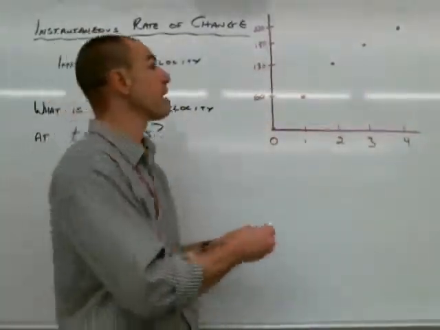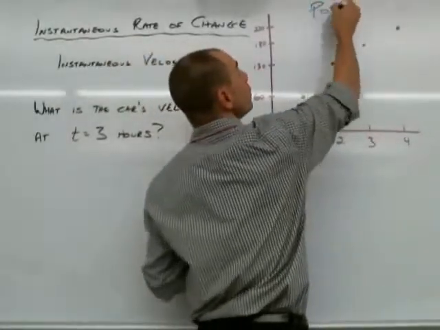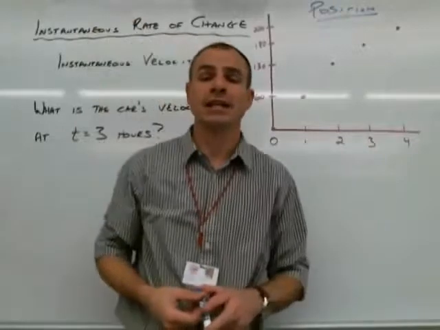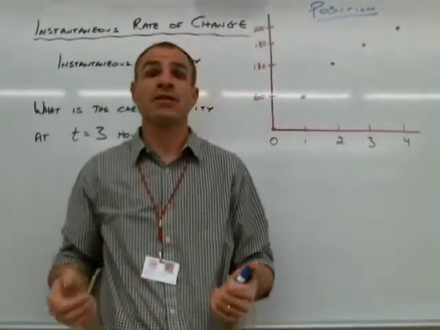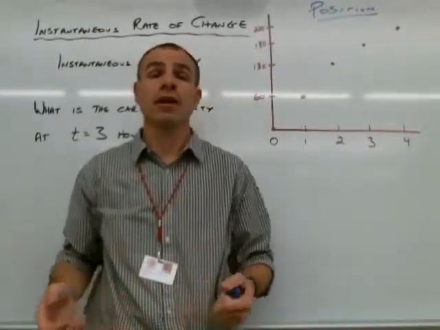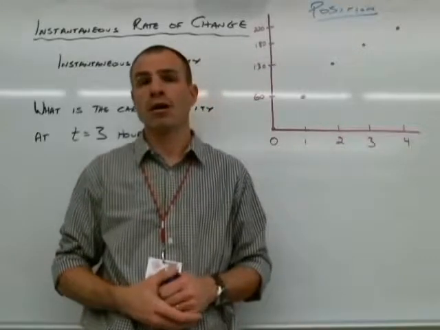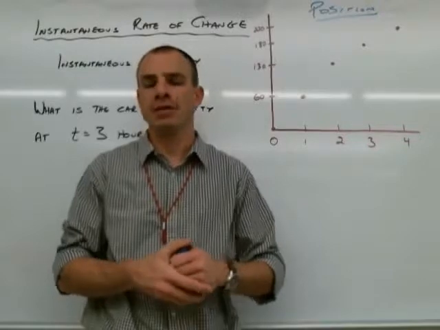This is our position graph. I should probably label that. So let's do that. This is our position graph. So the 180 is not our answer, okay? Because that's how far we've traveled, 180 miles up to the 3-hour mark. We want to know how fast we are traveling at the 3-hour mark.